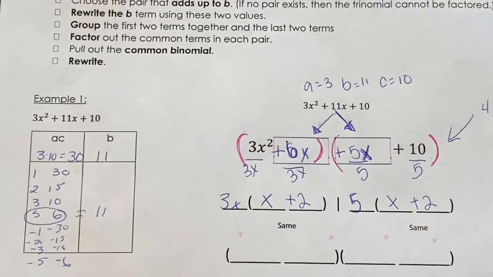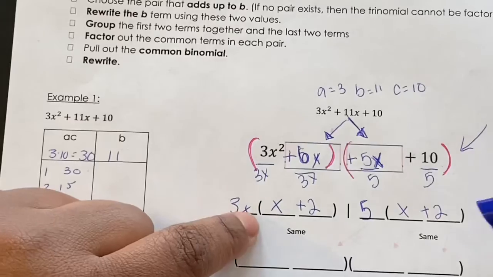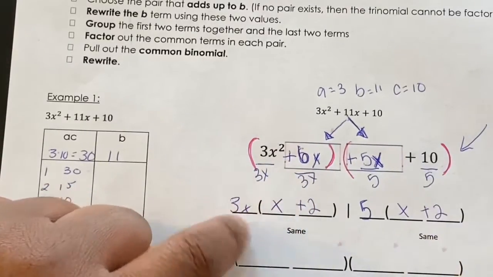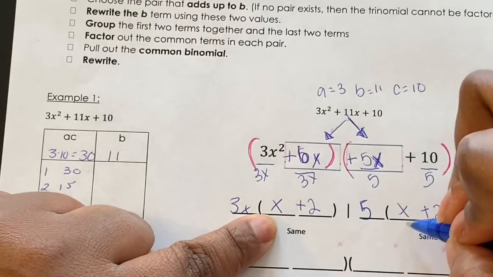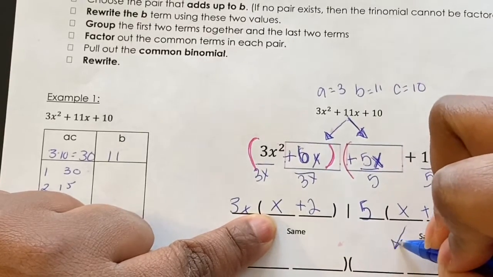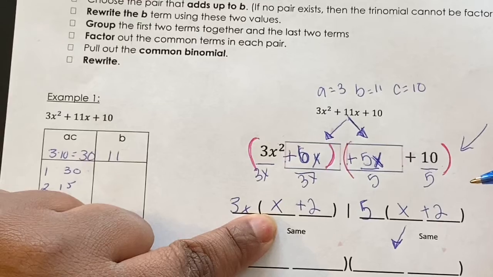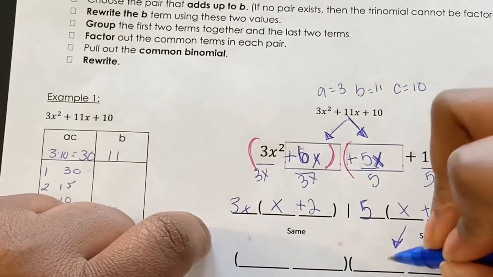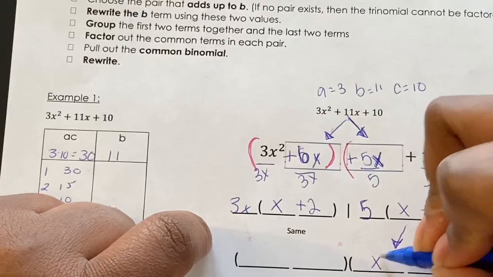As you can see here, just like before, the inside of the parentheses is the same. x plus 2. So we're going to write that down as one factor, x plus 2.